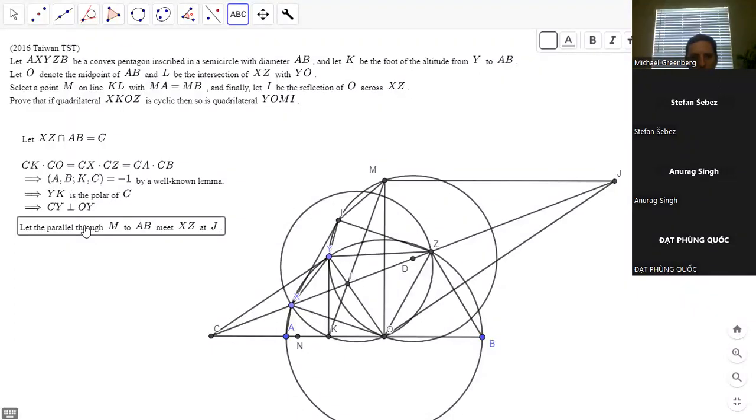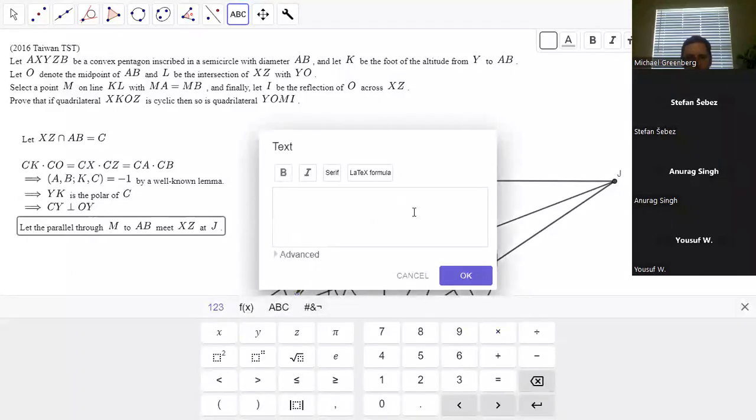So how did we define L? L is the intersection of XZ with YO. How did we know that ML and K? Oh, M is on KL by definition. Okay, so basically a homothety about L. So by a homothety at L, J, L, and C are collinear.